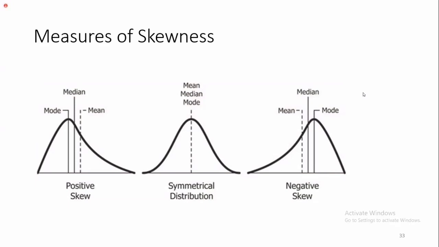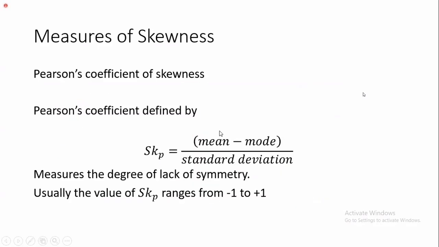The standard deviation here is positive. When we find a confidence interval, we consider negative and positive standard deviations. But remember, we have a positive variance here. Therefore, we have to consider only the term mean minus mode. This part affects the negativity and positivity.